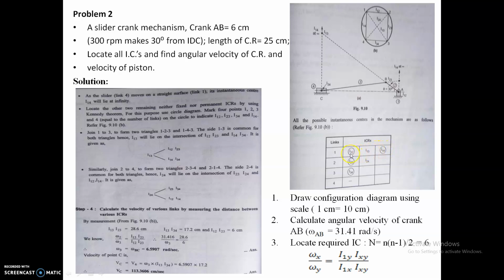So the first suffix is the link 1. So you fix this suffix 1 as a fixed one and then you go onward, that is after the 1 it is 2. So I have mentioned here I12, means the second suffix is changing by onwards value.